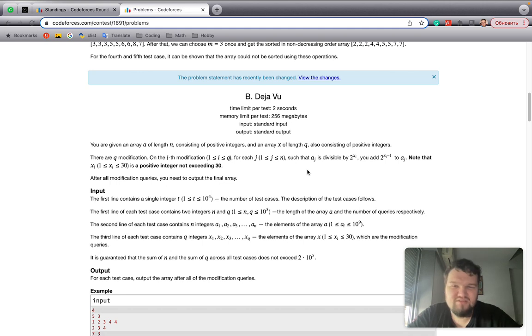Like, probably you can just notice that you only perform operations with decreasing values of x, and so from each value from 1 to 30 you only need the first one, and then you have just 30 operations and you can implement them. But it's not very different from what I did, actually.